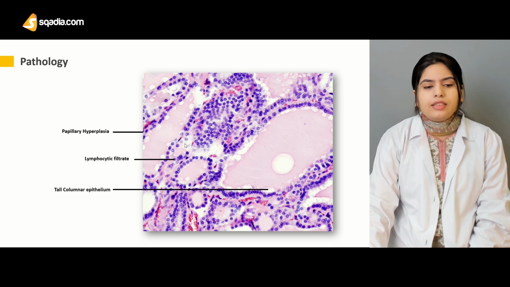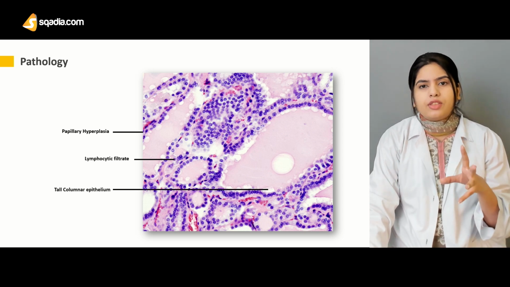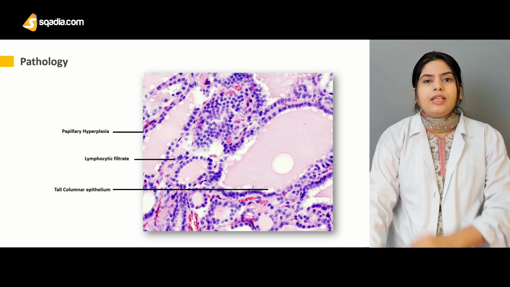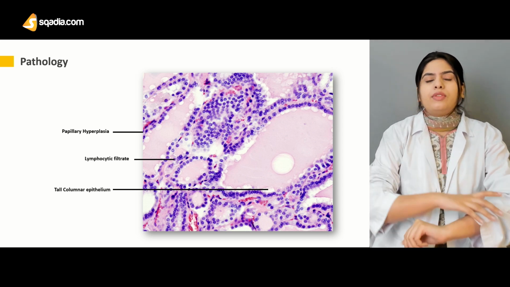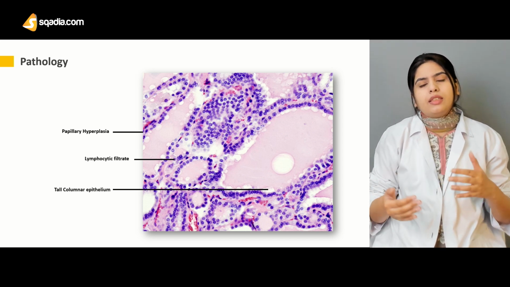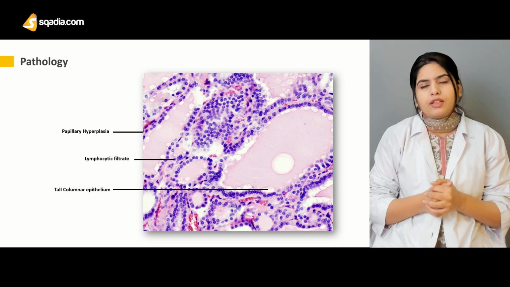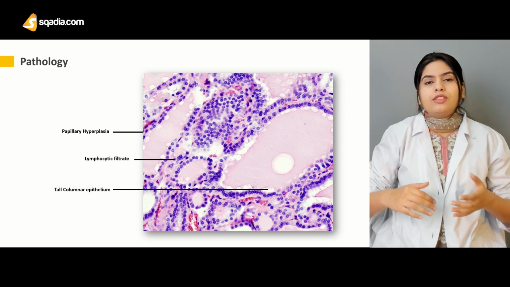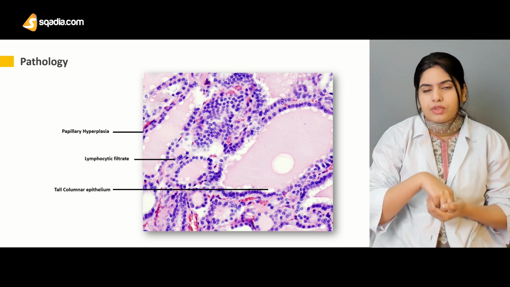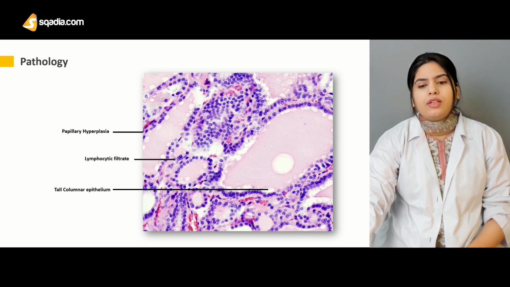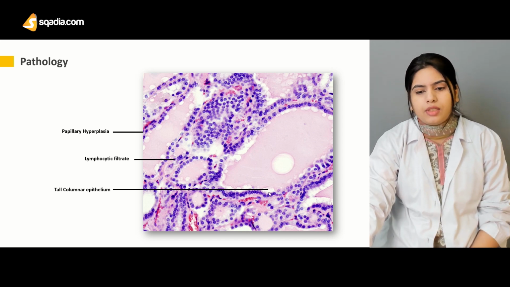Then the third thing that should be observed in such a patient is the tall columnar epithelium. Now, usually the epithelium of the thyroid gland cell is not tall, but when hyperplasia occurs, or when there is a hypersecretion of the hormone, this causes the epithelium of the thyroid gland cells to change to tall columnar cells, and these tall cells can be observed here easily.